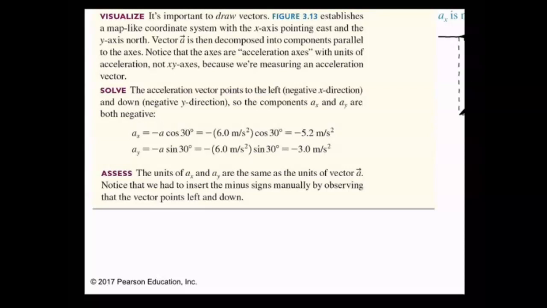Now let's assess the example. The units of a sub x and a sub y are the same as the units of the vector A. Notice that we had to insert the minus signs manually by observing that the vector points to the left and down.